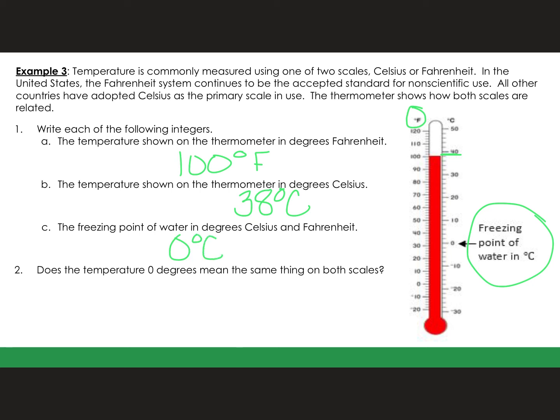If I go over, if I draw a line here, I will see that is also 32 degrees Fahrenheit. Does the temperature 0 degrees mean the same thing on both scales? So I guess we need to look. We see 0 here and we see 0 here. So does that mean the same thing? No.